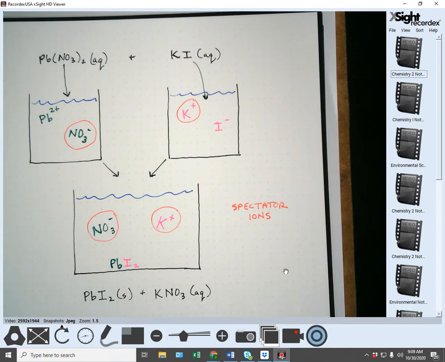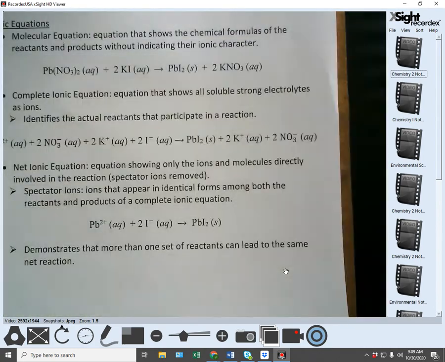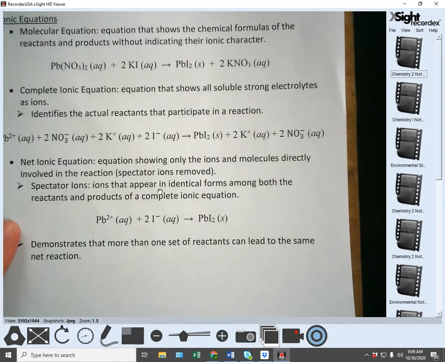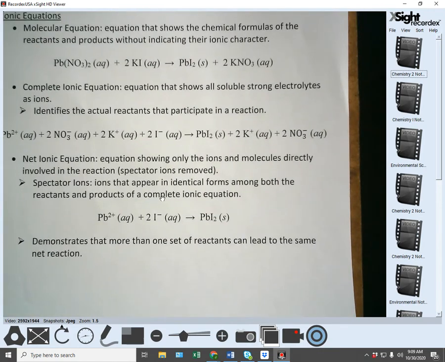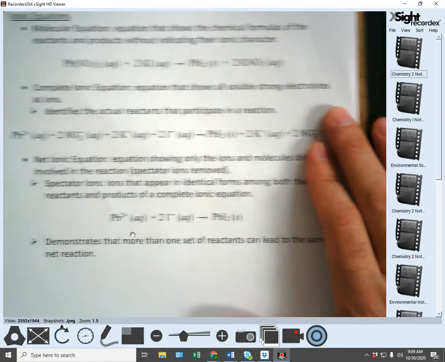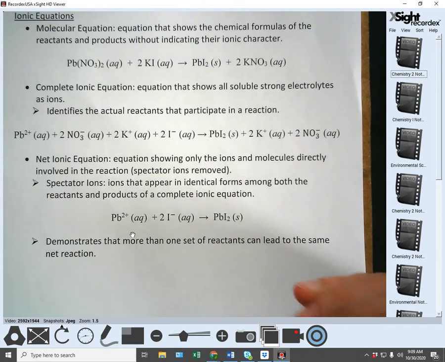Okay. So what does this lead us to? Well, this brings us to the idea of the net ionic equation. The net ionic equation is essentially the complete ionic equation with the spectator ions removed.